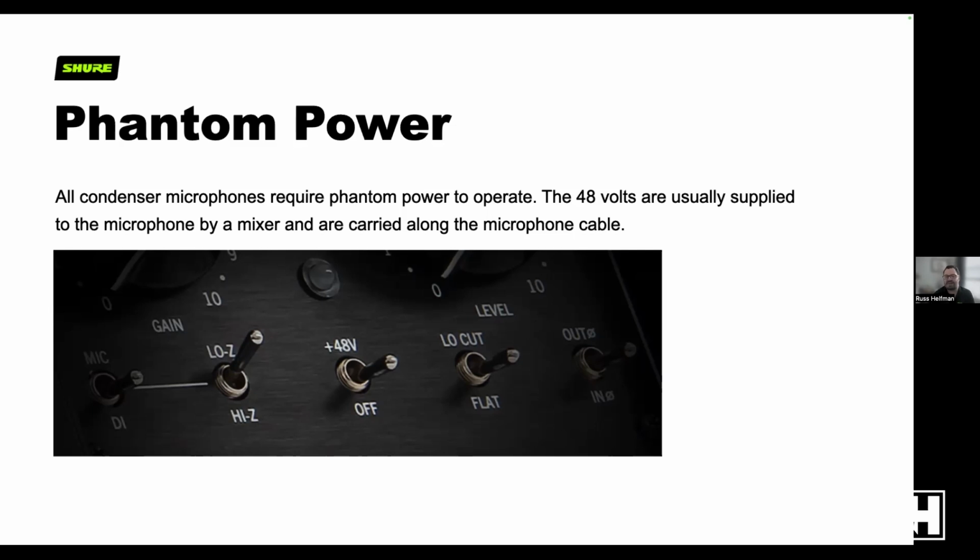The answer is no. That's kind of where the phantom part of phantom power comes from. It basically goes where it's needed, so you really don't have to worry. There are some older ribbon microphones that could potentially be damaged by phantom power, but most modern ones won't. And especially microphones you're going to see really commonly, like an SM58. If you have your phantom power on, you're not going to damage the microphone. You're still okay.